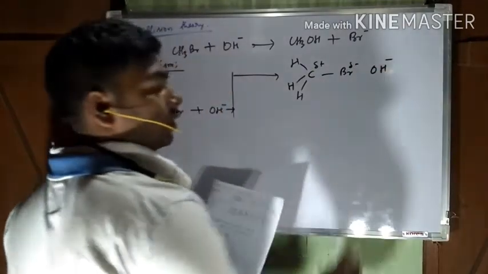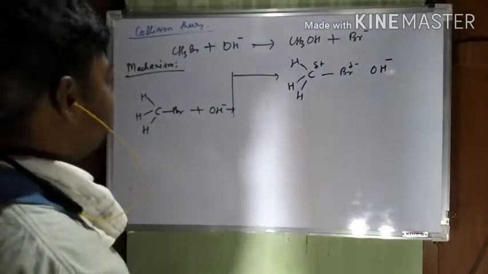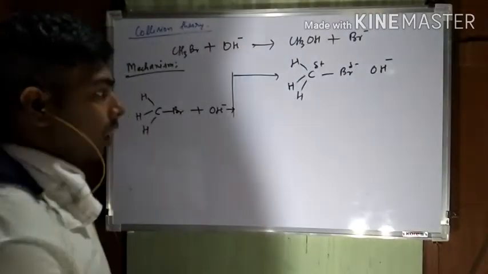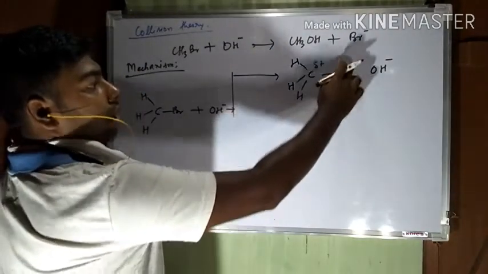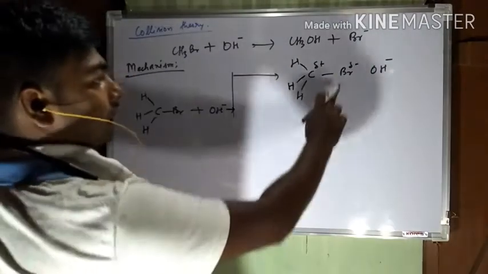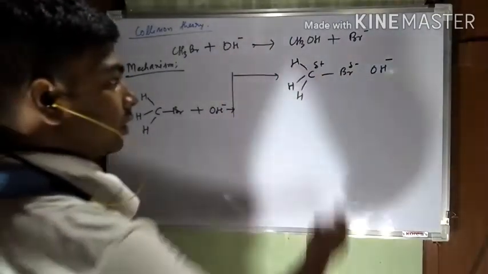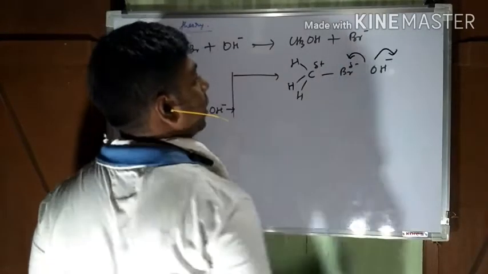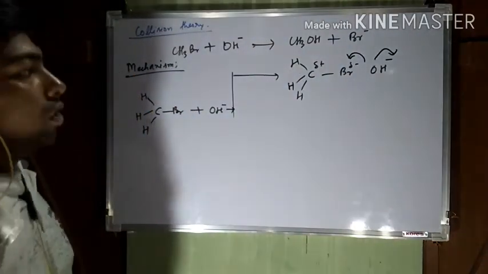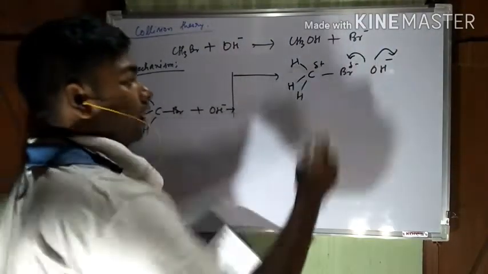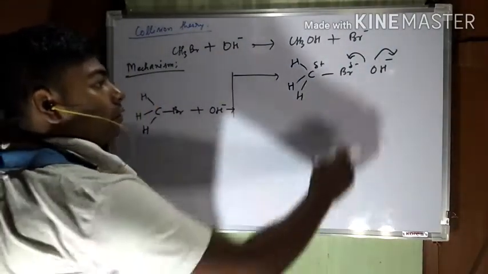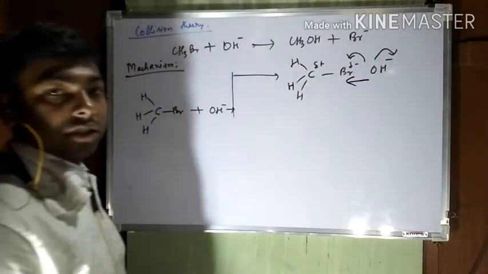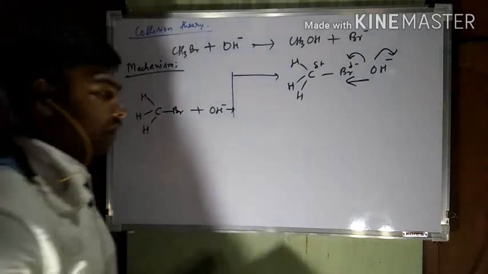When OH negative, a nucleophile, approaches towards carbon, it should come near the bromine, which is negative. Due to this negative charge, repulsion is created. That's why from this orientation, if OH negative comes from this side, the reaction cannot happen.